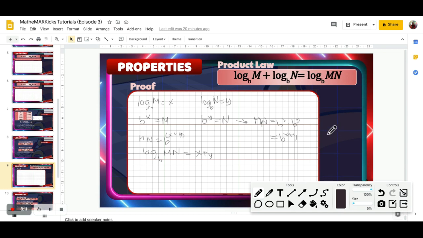And then you revert x and y back, so x becomes log of m base b, and y becomes log of n base b. Now you've proven it. This is the proof for the product law.